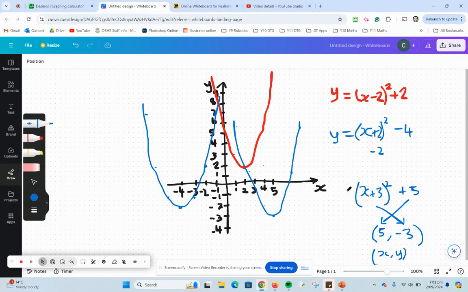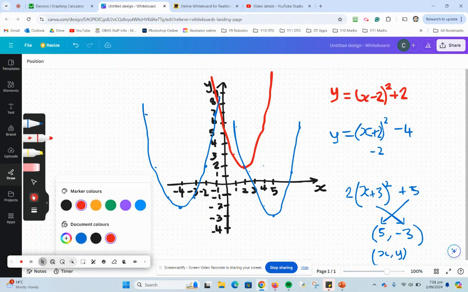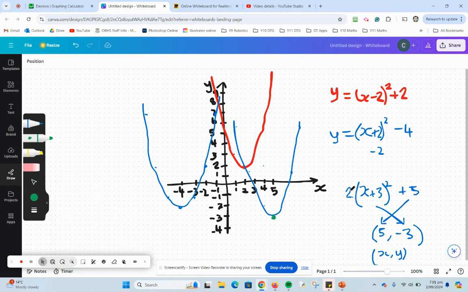Now if I put a number in front, that will make it steeper. So if I put a 2, and I'll change the pen to a different colour, green, my vertex is still the same at 5 and at minus 3. So my vertex stays the same point, but now there's a 2 in front of it, which means instead of going across 1 and up 1, I go across 1 and up 2.